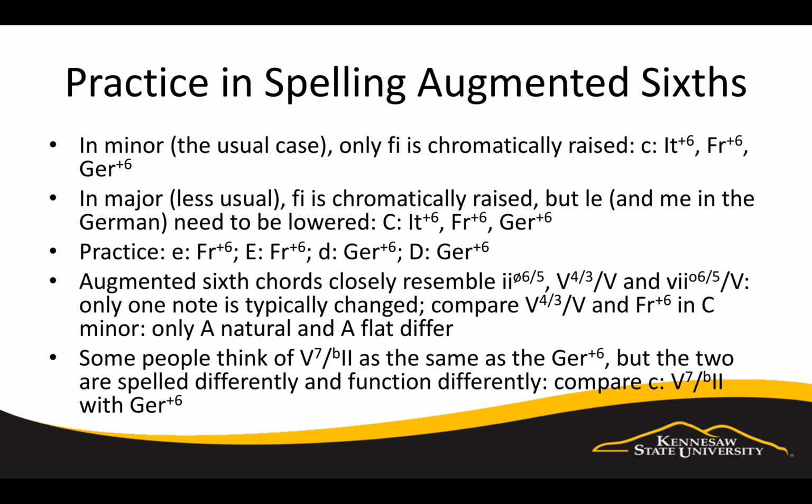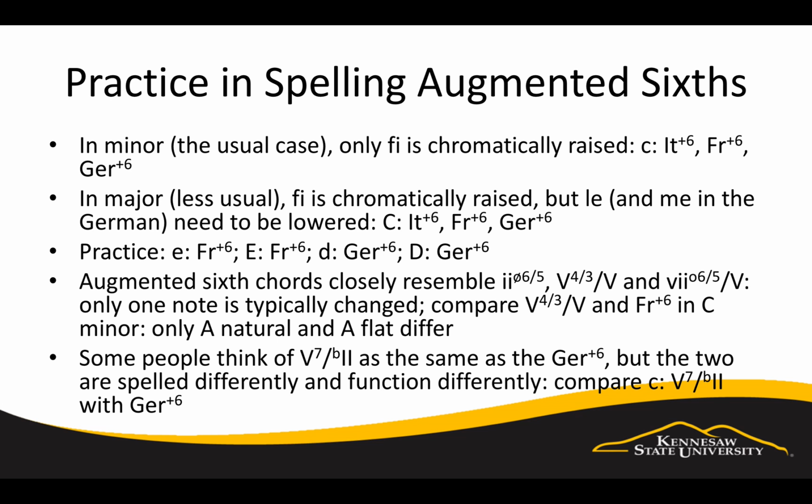Now, in your last bulleted point, some people think of 5/7 of flat 2 as the same as the German chord. Okay, but the two are spelled differently and function differently. Compare in C minor. Here's C minor. Here is 5/7 of flat 2. We would spell this A flat, C, E flat, G flat, because we're in the key temporarily of D flat major, which is flat 2 of C minor.